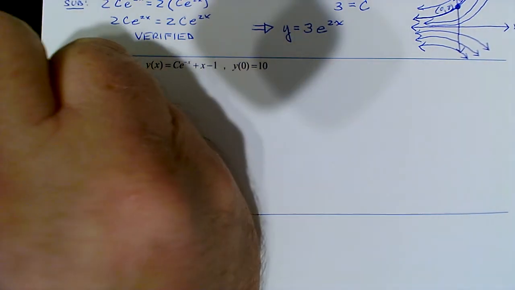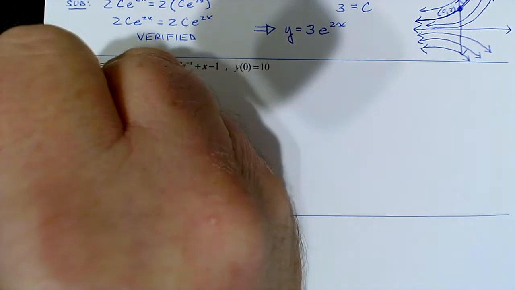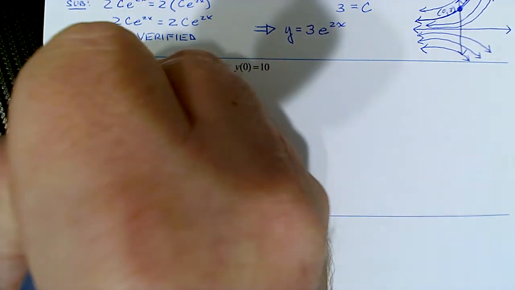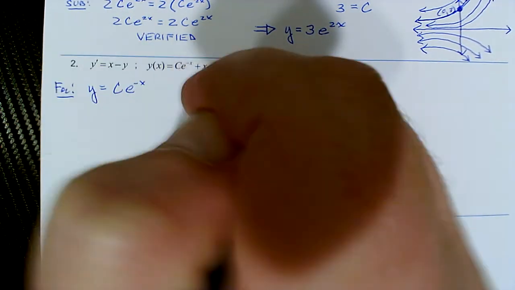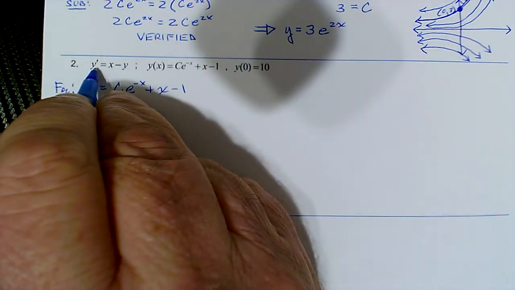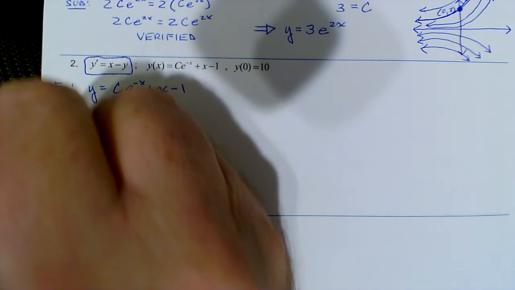First off, we want to verify. So for the function, again, I'm just going to call it y, c e to the negative x plus x minus 1. Our equation involves just one derivative, y prime.